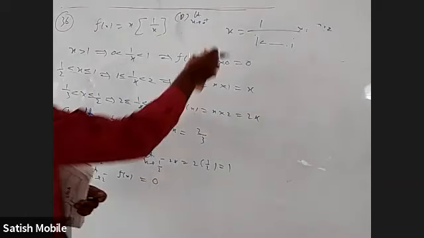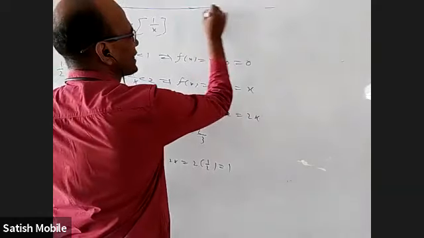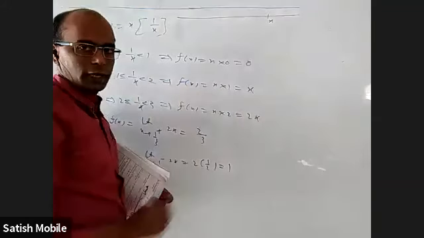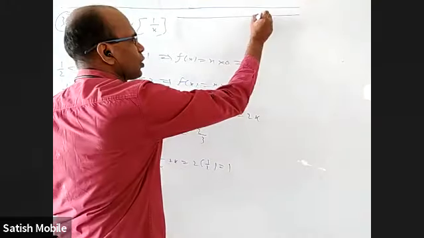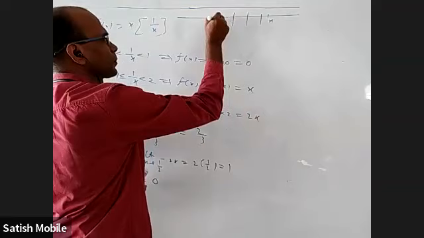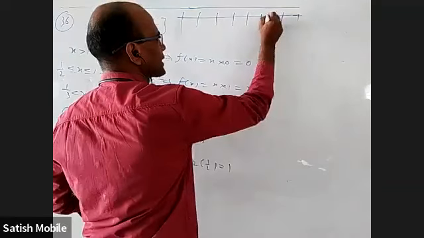Is it a proper explanation? These are all integers. Okay, x is somewhere here.